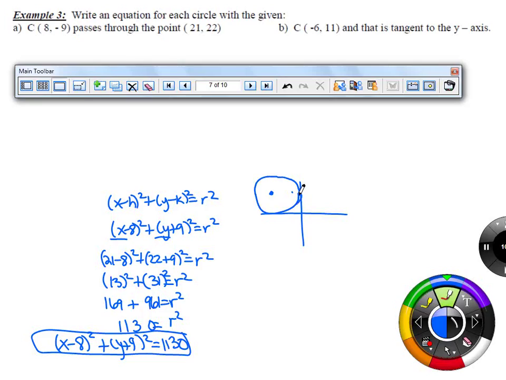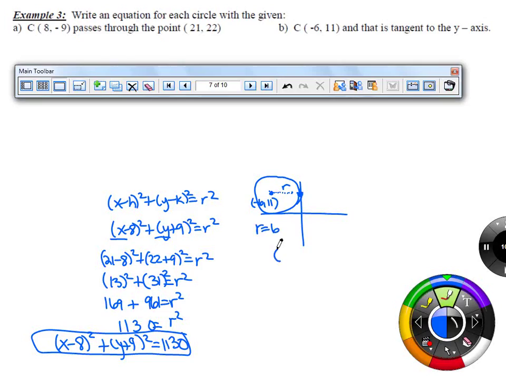Okay? What that means is there's a point on the circle on the y-axis right here, and it must be even with the center. So this distance here would be your radius. And since you know your center is at the point (negative 6, 11), you know that your radius must be 6 because it's 6 units away from the axis.